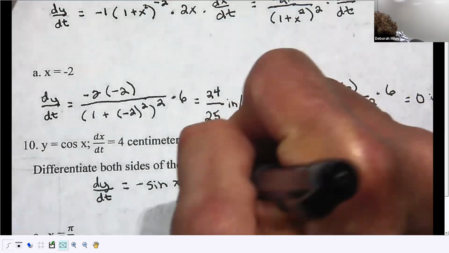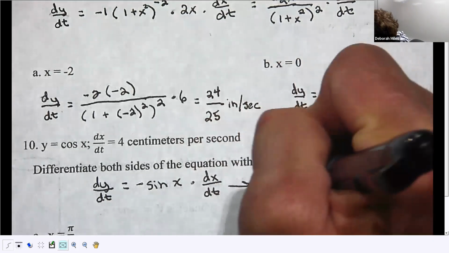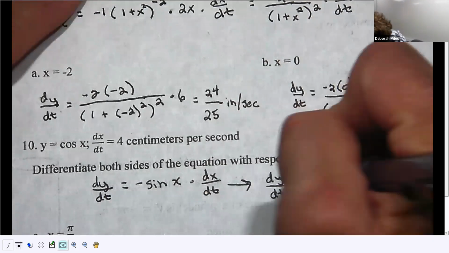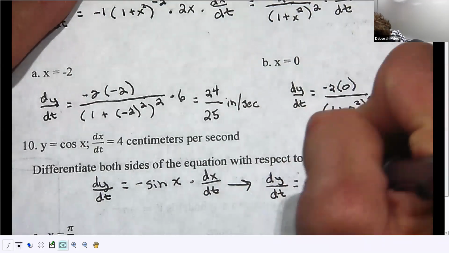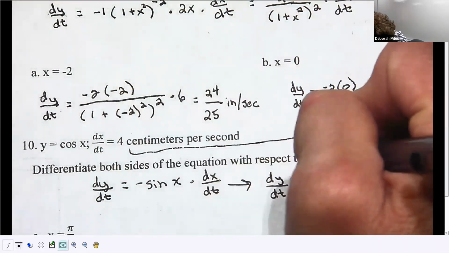So dy over dt would be -4 sine x. And the 4 is coming from right there.